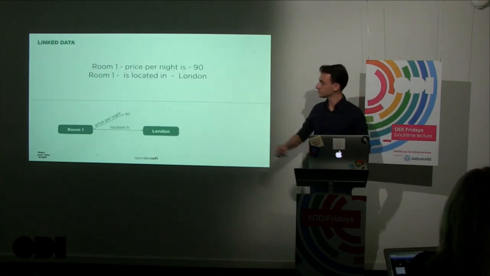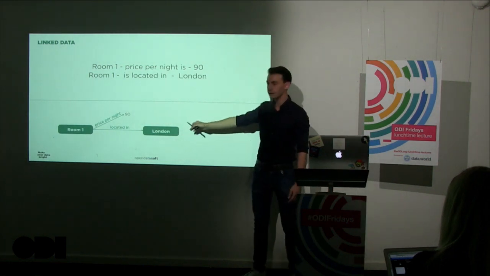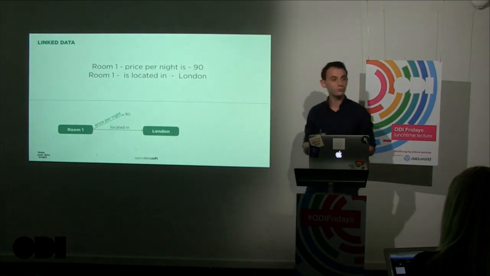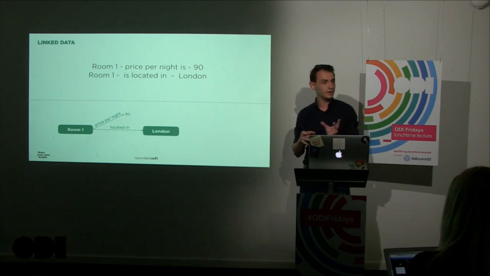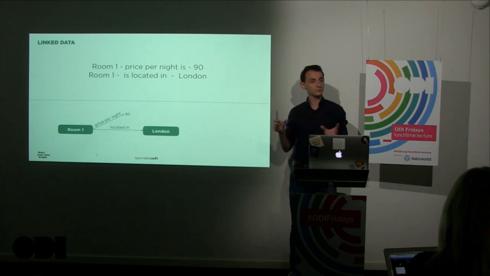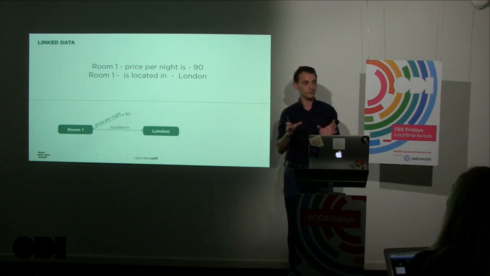We see that in linked data, data is not organized as columns, but as triples. A triple is a subject, a predicate, and an object. It's like a phrase, and it represents a real fact in real life.